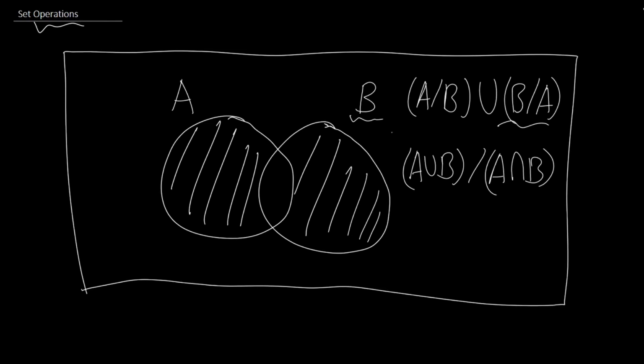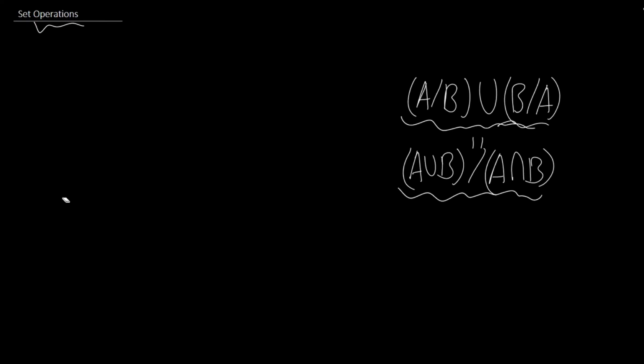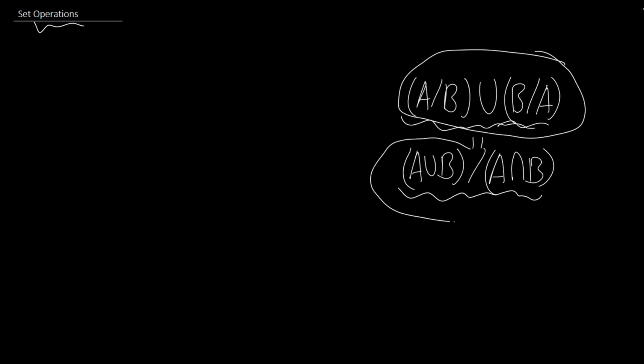You see, the Venn diagram for this thing over here and this thing over here are exactly equal to one another. And since the Venn diagrams are equal, they convey the same information. This combo of set operations is exactly the same and conveys the same meaning as this combo of set operations.